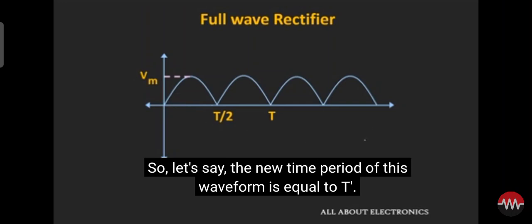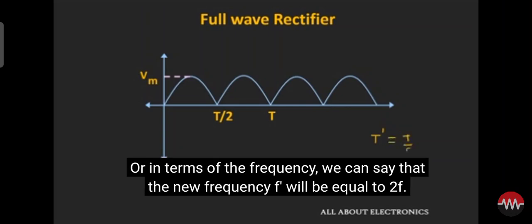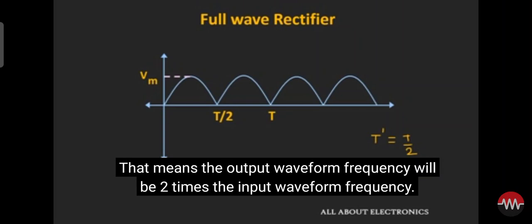So let's say the new time period of this waveform is T dash. We can say that T dash is equal to T/2. Or in terms of the frequency, the new frequency f dash will be equal to 2f. That means the output waveform frequency will be 2 times the input waveform frequency.